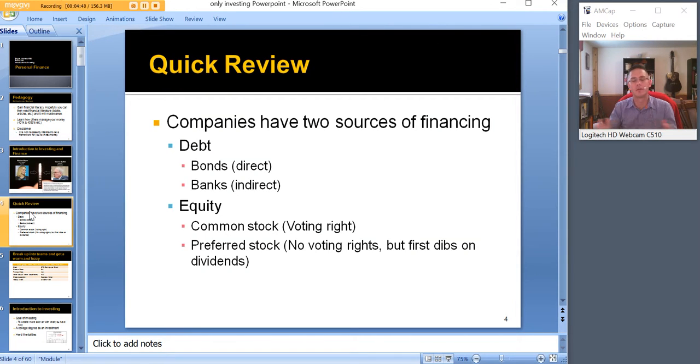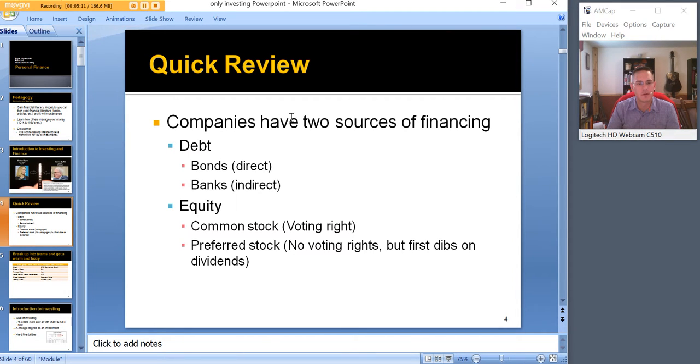Now we'll get into a quick review of finance. When a company starts and it's trying to get things operating and moving, it has to have money to do so. A company has two essential sources of financing. One is debt, which has two forms.